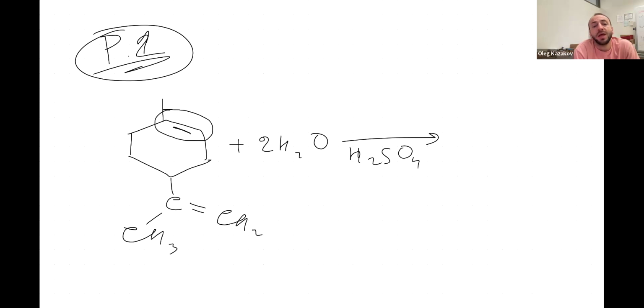And then we can attach HOH parts to all of those. Granted, we have two H2O molecules, so theoretically we can have one HOH going here, another HOH going this way, right? Two alkene centers basically.